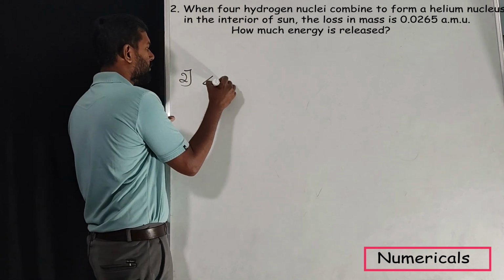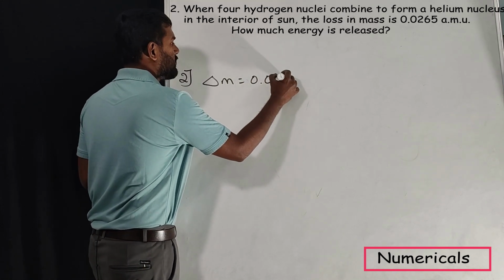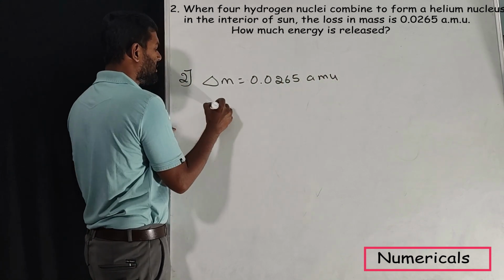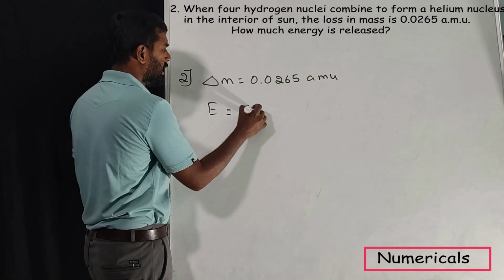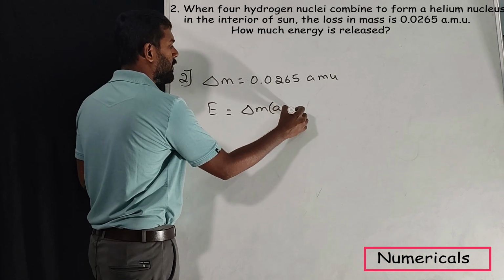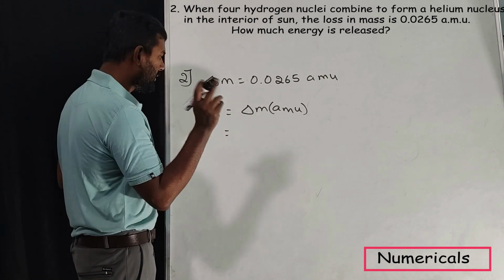Loss of mass is equal to 0.0265 AMU. When AMU is given, the energy formula will be delta M in terms of AMU. AMU means atomic mass unit, keep that in mind.